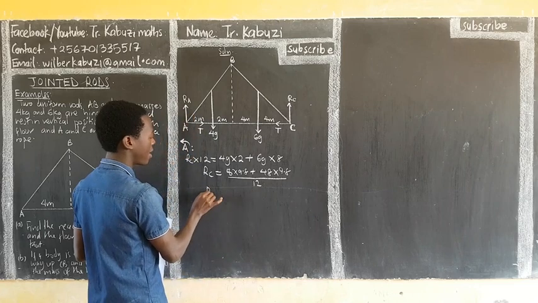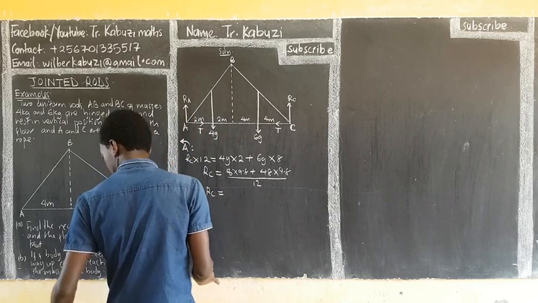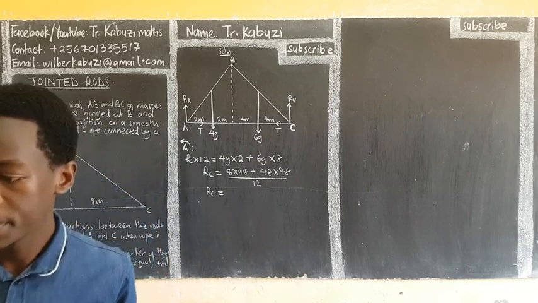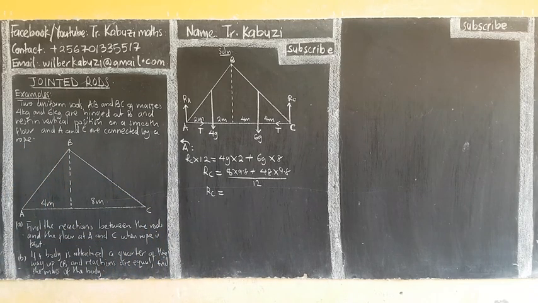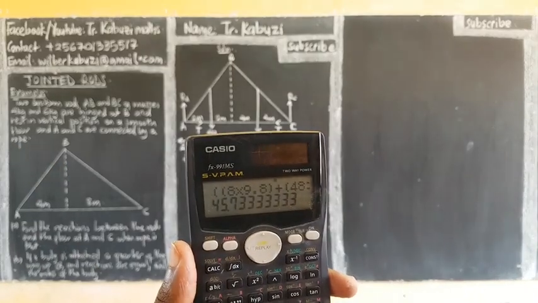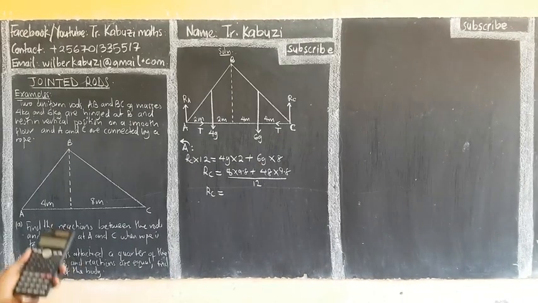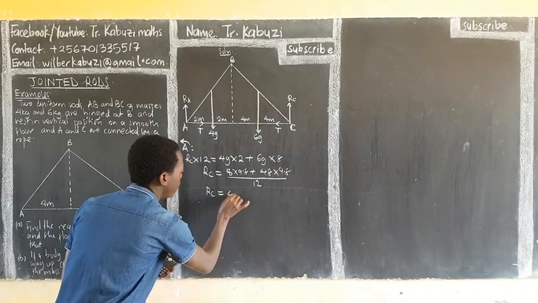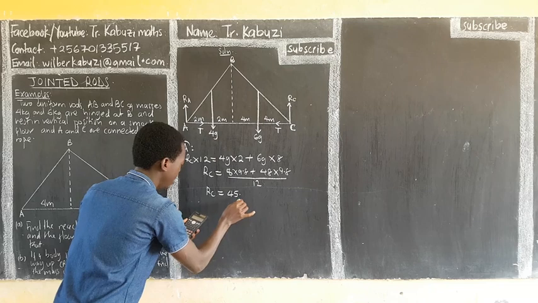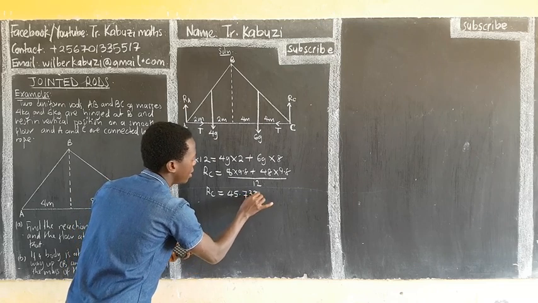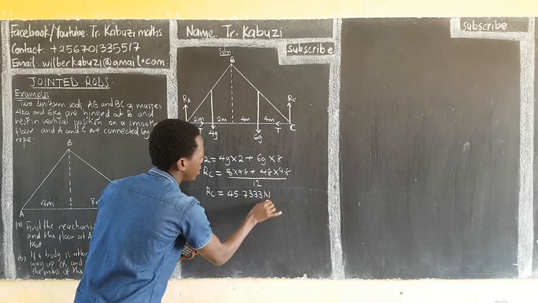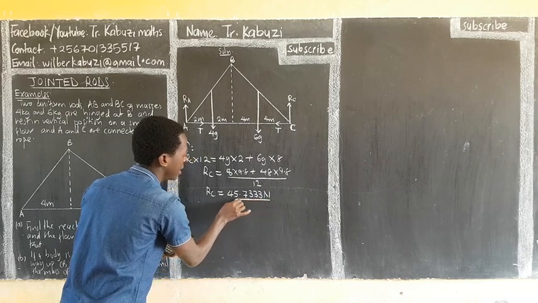And so our RC here is going to be, you can look at my answer there. So my answer is 45.733 newtons. That's the reaction at C.